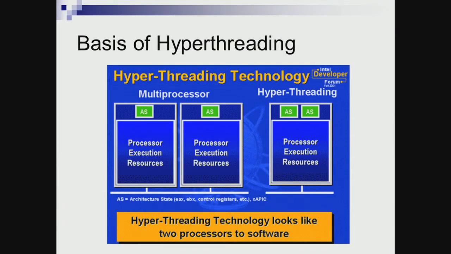That is why there is a notion of hyper-threading which was introduced, wherein there will be two different architectural states, but the processor execution resources will be shared. That is what you see on the right hand side in this slide.